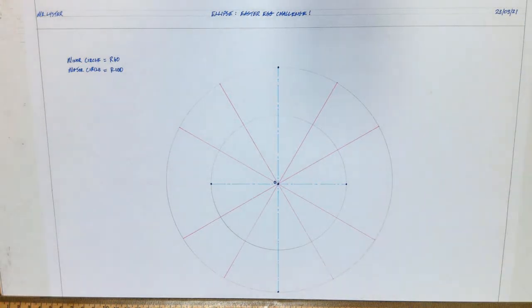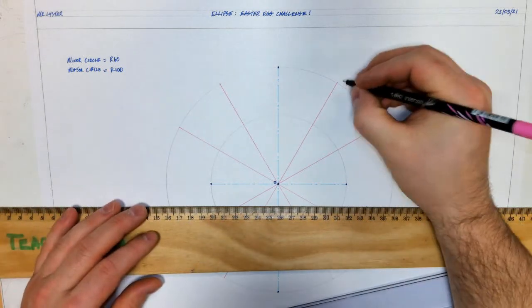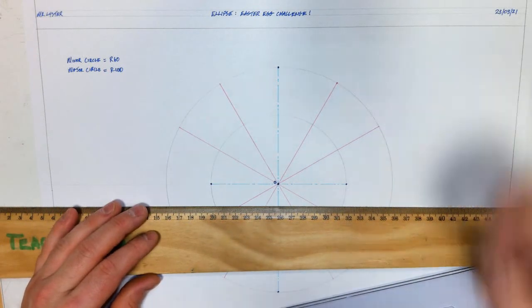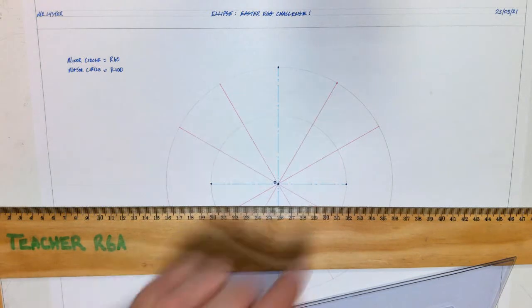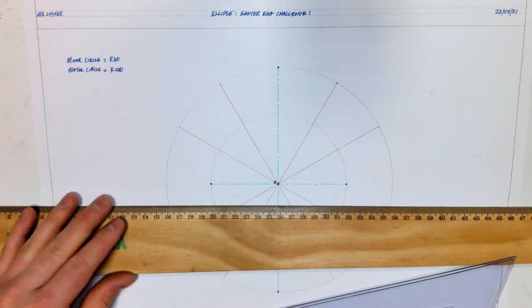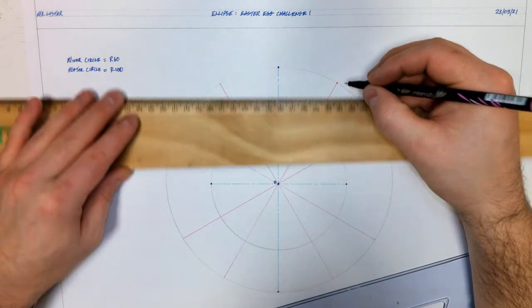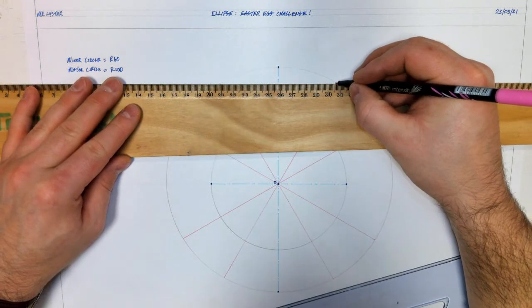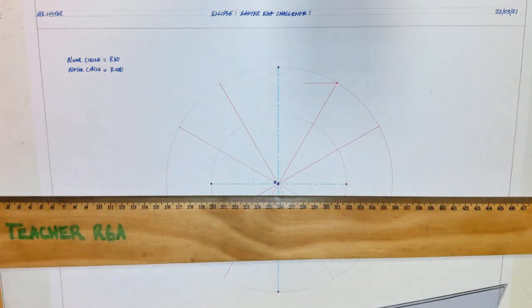So what I want to do here now is focus on this point here. Okay, that first 60 degree line where it hits there, I'm going to draw a very light construction line, horizontal, inwards. Don't worry about the length of it.